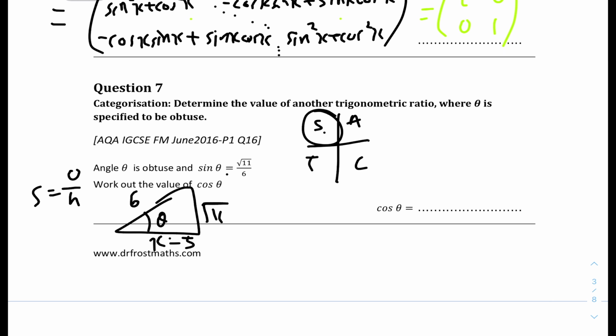So you just do cos theta equals adjacent over hypotenuse. So the adjacent is 5 and the hypotenuse is 6. And don't forget to put a negative because it's in the second quadrant. So cos theta equals minus 5 over 6, like so.